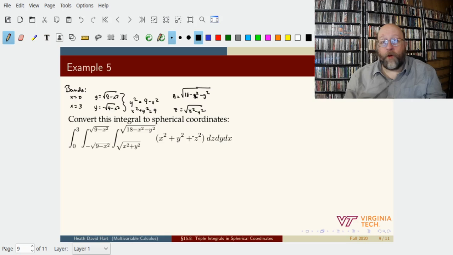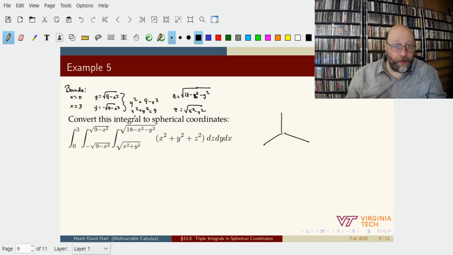All right. So this is a circle of radius 3 in the xy plane. But the x-coordinate only goes from 0 to positive 3, not from negative 3 to 3. The y-coordinate goes from the negative side to the positive side of the circle, but the x-coordinate only goes through the positive side of the circle.